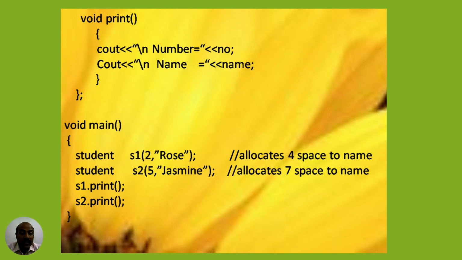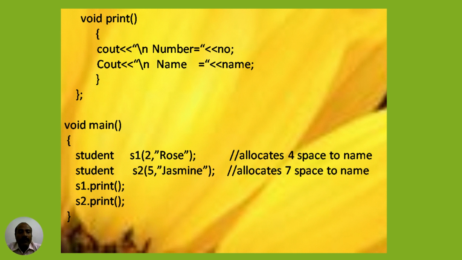The S1 object has two arguments, an integer 2 and a string, 2 comma Rose, and the S2 object has two arguments, an integer and a string, that is 5 comma Jasmine. The first one allocates 4 spaces to the name, and the second one allocates 7 spaces to the name, because Jasmine has 7 characters and Rose has 4 characters.